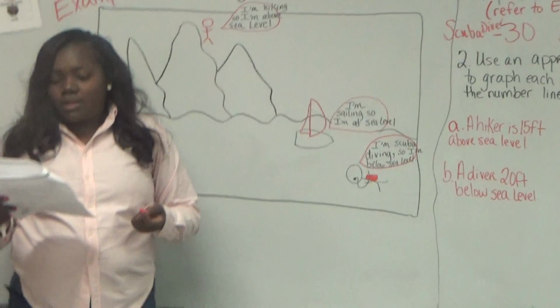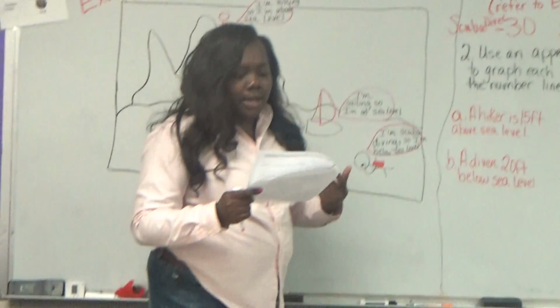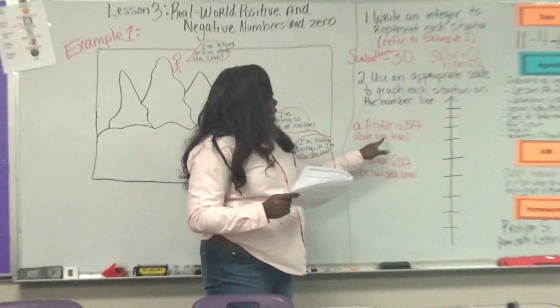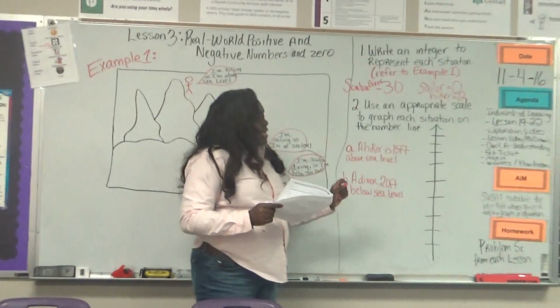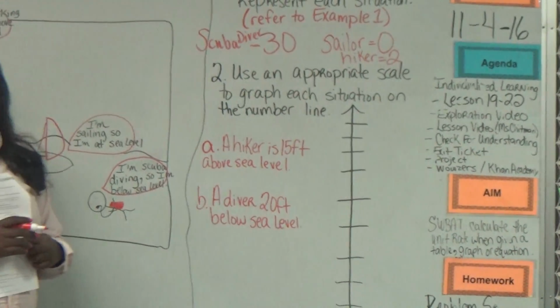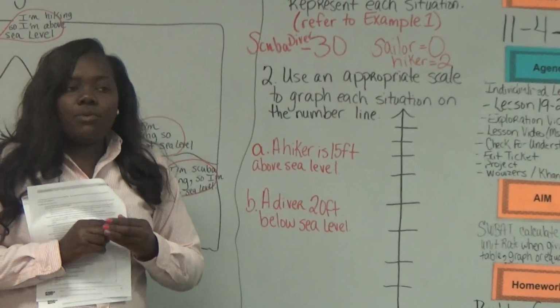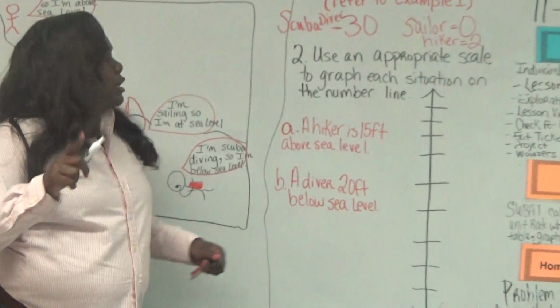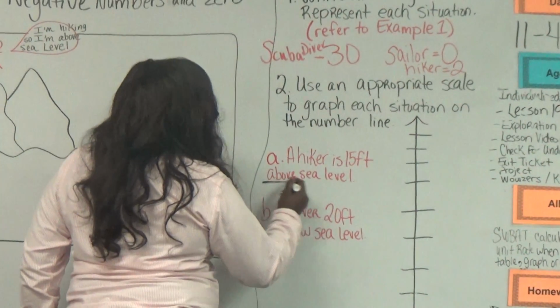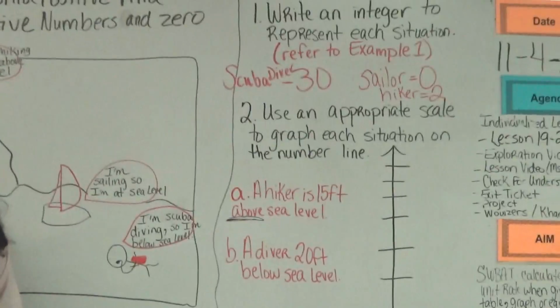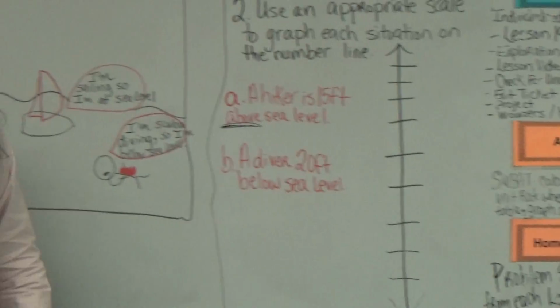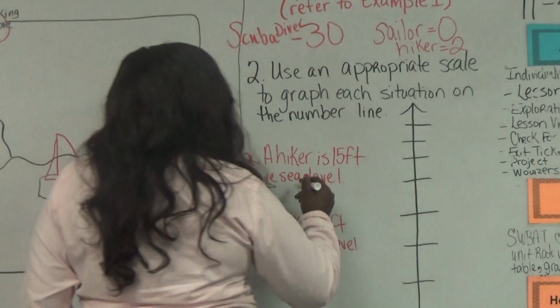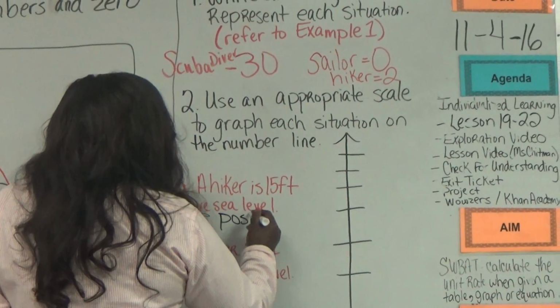So here's our number line. We have a blank number line, and I know on A it says a hiker is how many feet above sea level? 15 feet. So what's our key word there that lets us know if our integer will be positive or negative? Above. So the word above lets me know that this integer is going to be positive.